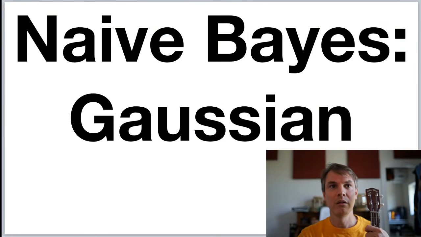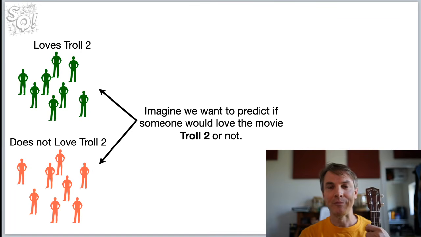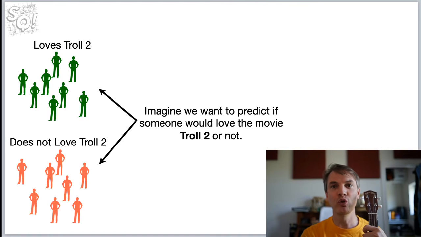This is going to be a lot of fun. And today we're going to talk about Naive Bayes Gaussian. All right, so let's get started. Imagine we want to predict if someone would love the movie Troll 2 or not.